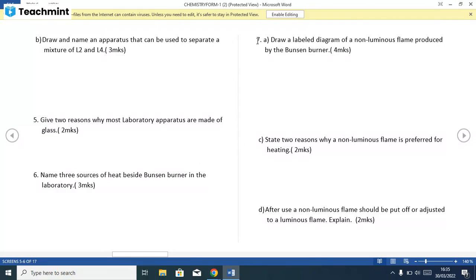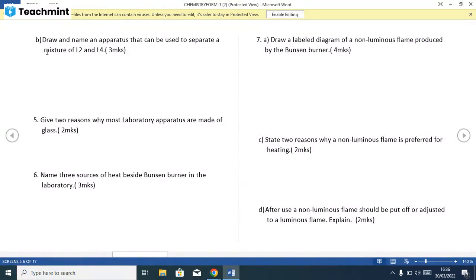Okay. Number 4, you need to draw. So that one you will draw as an assignment. Number 7, I will send this in the study material, but you do number 7 as an assignment.